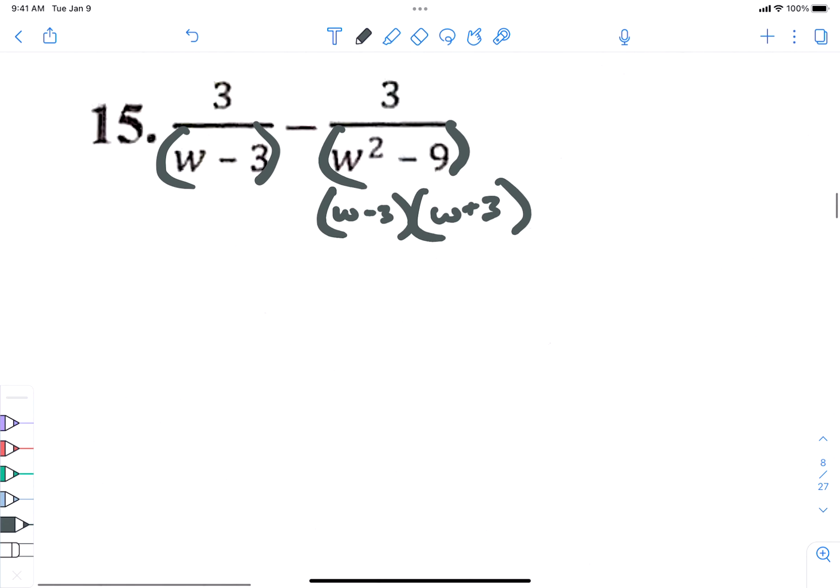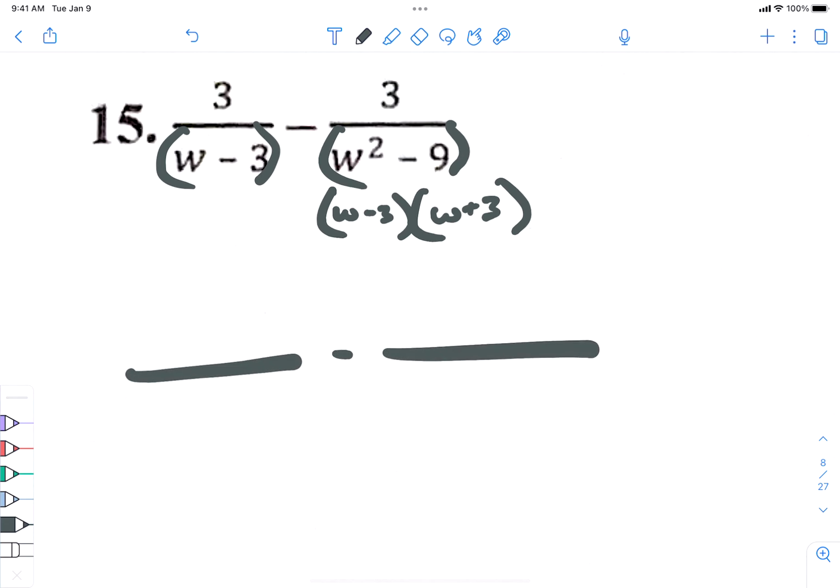Okay, so I'm going to go down here and I'm going to write out my two pieces, and write out my common denominator. Okay, so we know we need, in our denominator, a W minus 3, right? So I'm going to put W minus 3. We know we need a W minus 3, but we already have one already. So the only other thing that I need is a W plus 3. Happy with that?